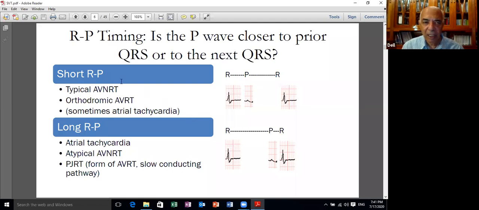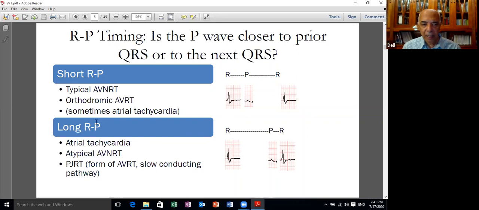The main differential diagnosis of short RP tachycardia is the typical AV nodal re-entry tachycardia, in which the atrial activity goes down the slow pathway and up the fast pathway, so it's a slow-fast atrioventricular nodal tachycardia; the orthodromic AV re-entry tachycardia, in which the atrial activity goes down the AV node and up the accessory pathway; and sometimes atrial tachycardia if it is associated with first-degree heart block.